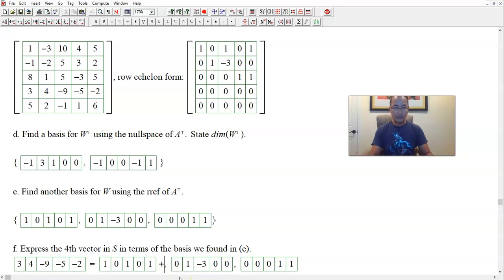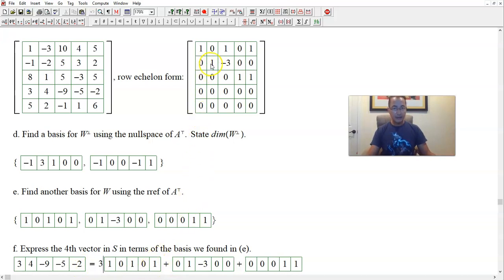We will add them together, but we're going to need coefficients. And I hope you remember this as well: this time the leading ones are going to help us find the coefficients. We have a leading one in the first row, and everything below it is 0. We have a 3 in that column, so there should be a 3 as a coefficient there.